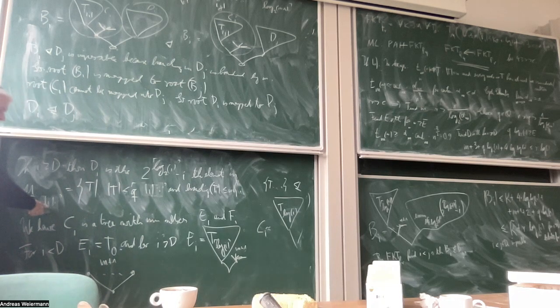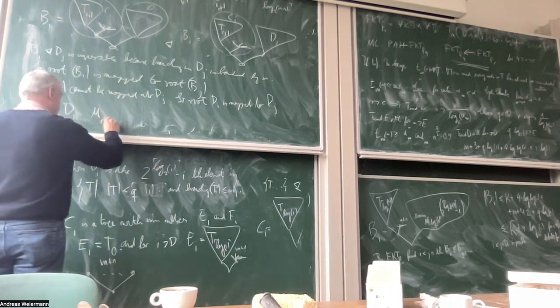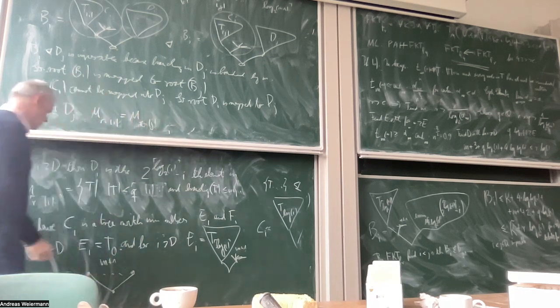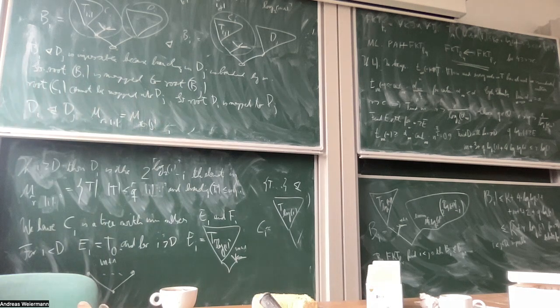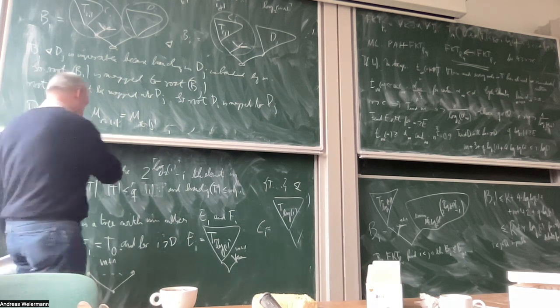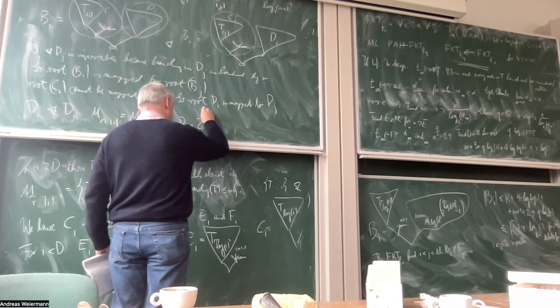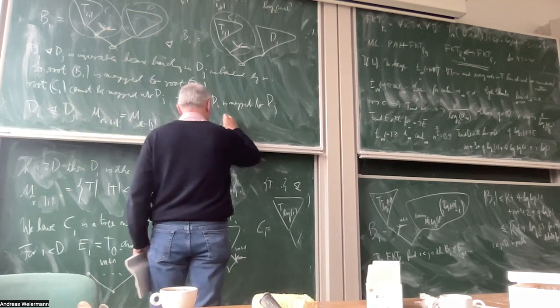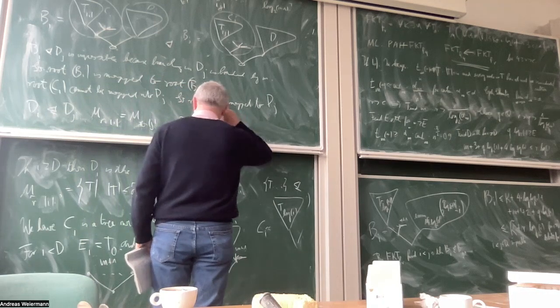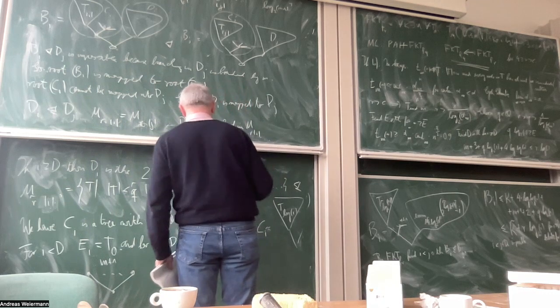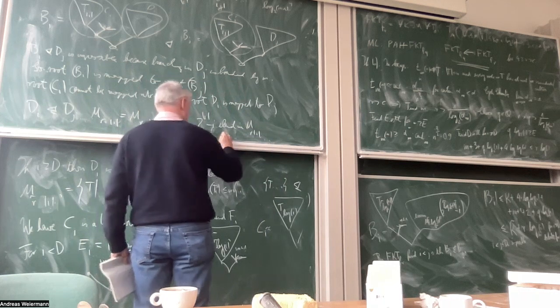m times binary length of i is the same as m times the binary length of j. And this means that di is 2 to the binary length of i element in m times under i, and j is j.